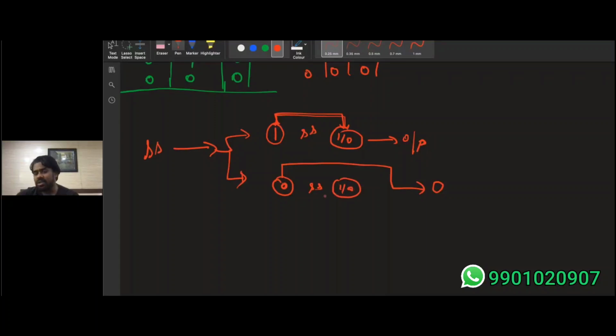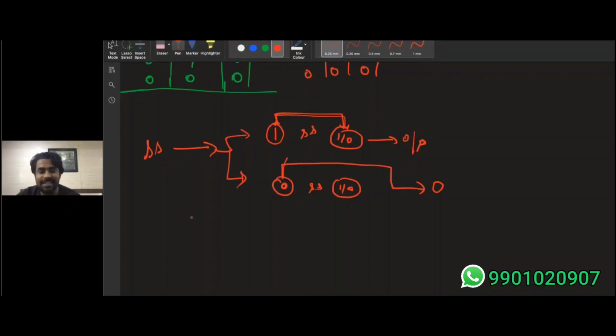Whenever I have 0, it never checks the second condition. If it is 1 or 0, it doesn't matter. So it directly gives you 0. If it is 1 also, it will give 0. If it is 0 also, it will give 0. Why check it? Instead, it will never check this one. It increases the speed of execution and gives you directly the output 0.